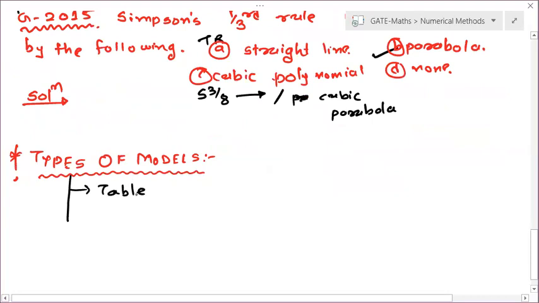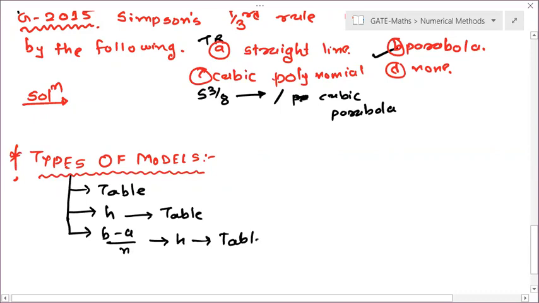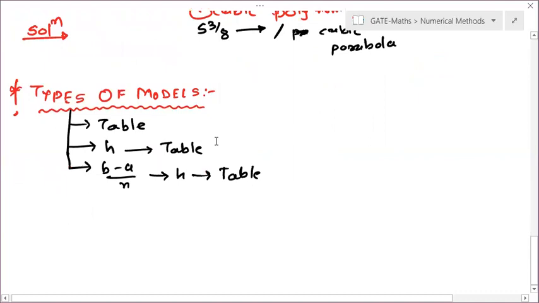They will give you a table, and from this table you have to find the answer. In some questions they will give you h, and from h you have to construct the table first, then solve your problem. Or in some problems they will give you b, a, and n, from which you have to find h, then again construct the table. To solve a question based on any of these methods, you have to construct the table first. Don't go without this table. Then other questions are based on error, and the last questions are based on truncation error.